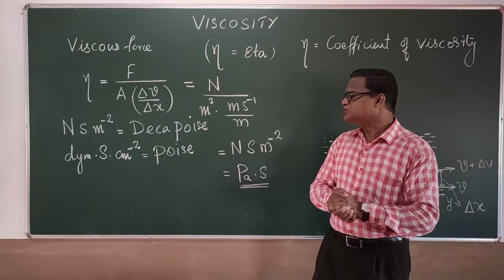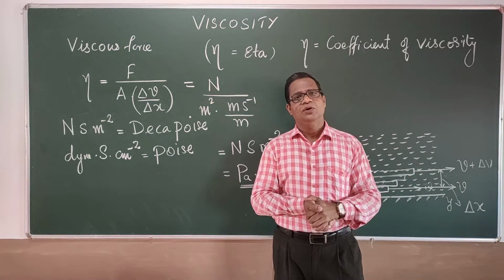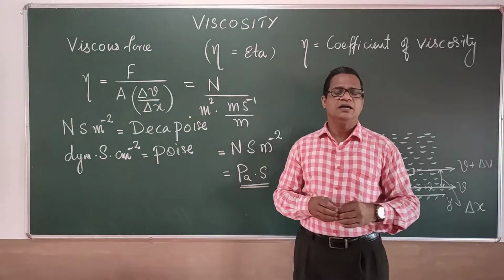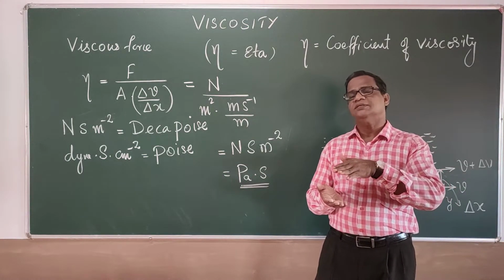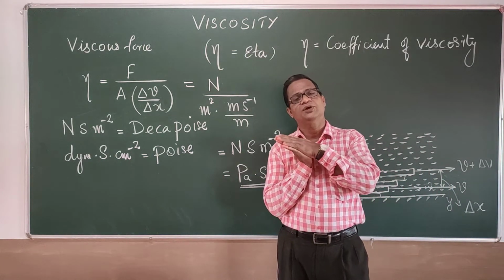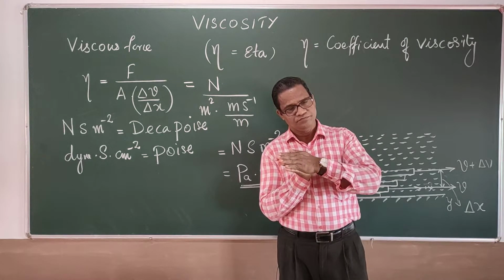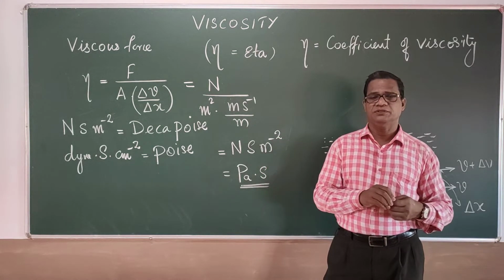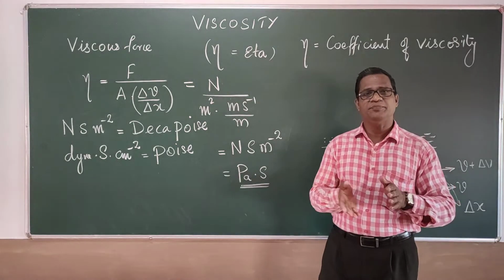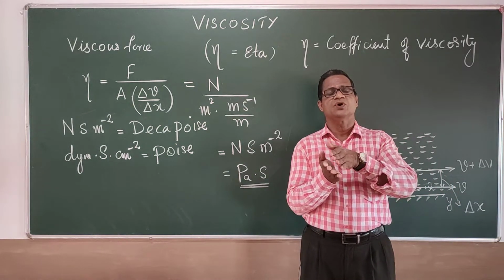But the main difference you can find is that viscous drag is found to depend on the surface area of the liquid in contact, but solid friction does not depend on the surface of the solids in contact.